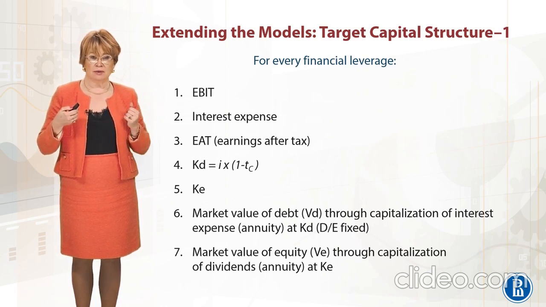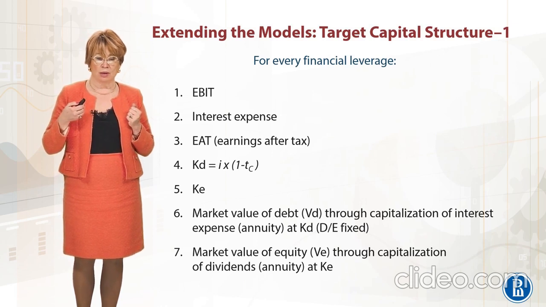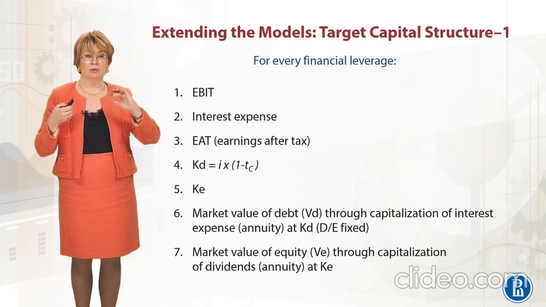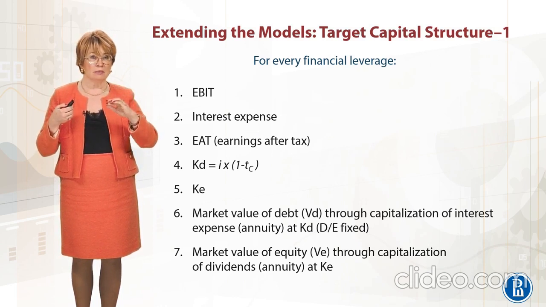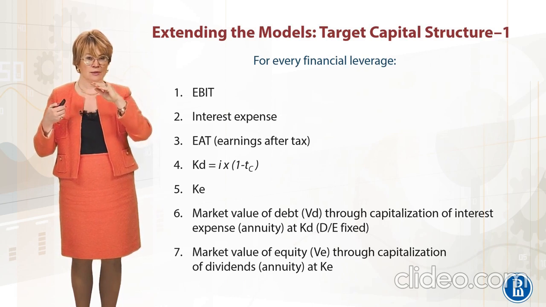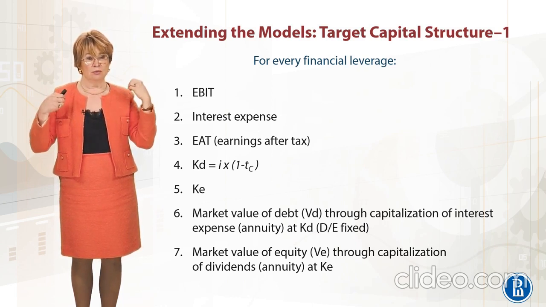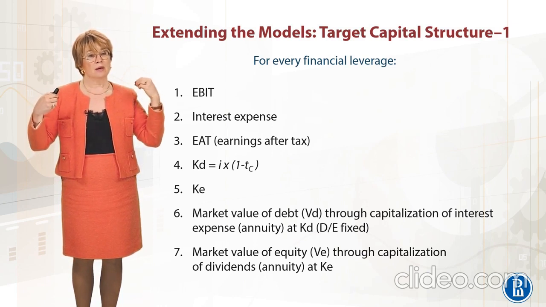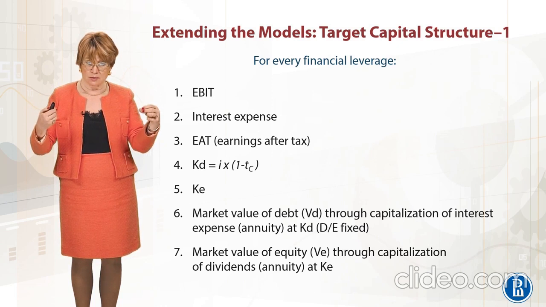With the previous assumptions, because it's a no growth company, we will say that at that particular level of debt to equity coefficient, at that particular level of financial leverage, the amount of interest expense stays the same, and this is an annuity for us.